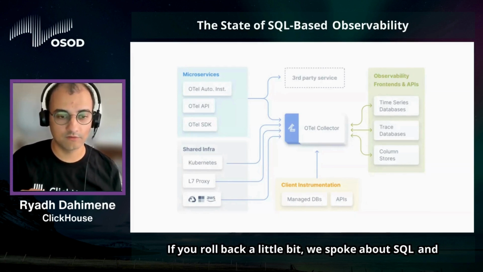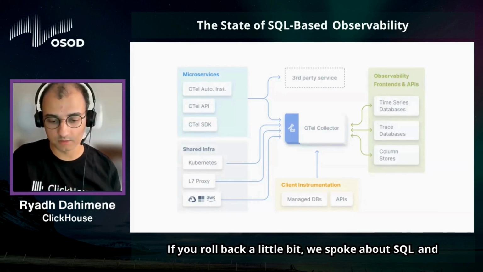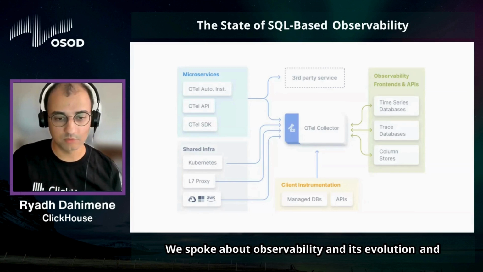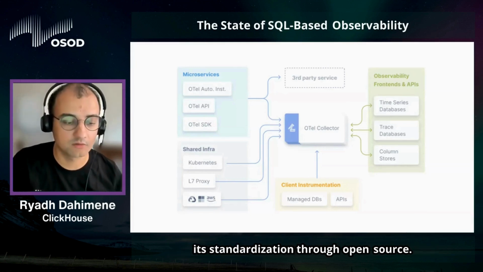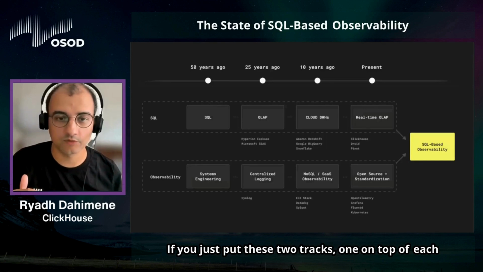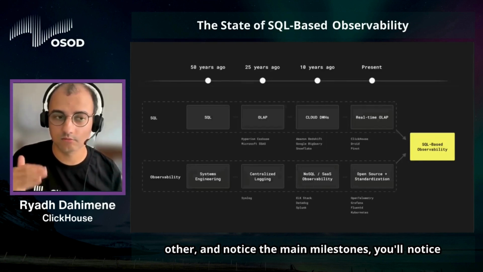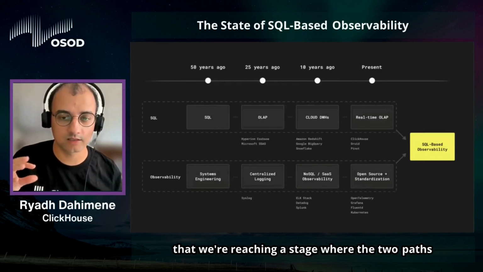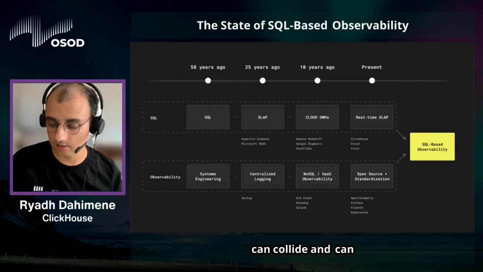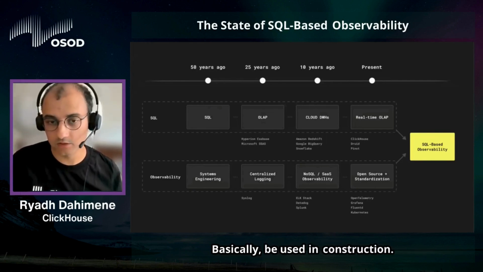So if you roll back a little bit, we spoke about SQL and databases and OLTP and OLAP. We spoke about observability and its evolution and its standardization through open source. If you just put these two tracks one on top of each other, and notice the main milestones, you'll notice that we're reaching a stage where the two paths can collide and can basically be used in conjunction.